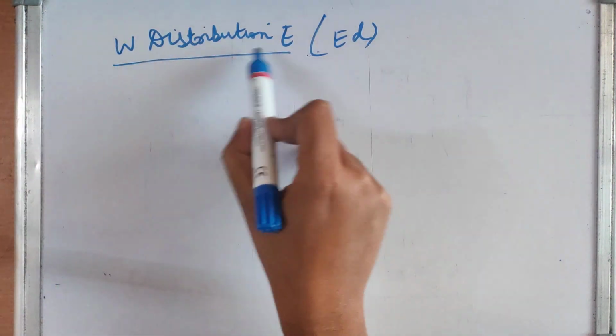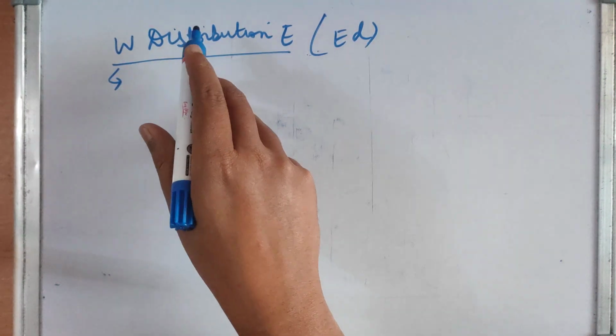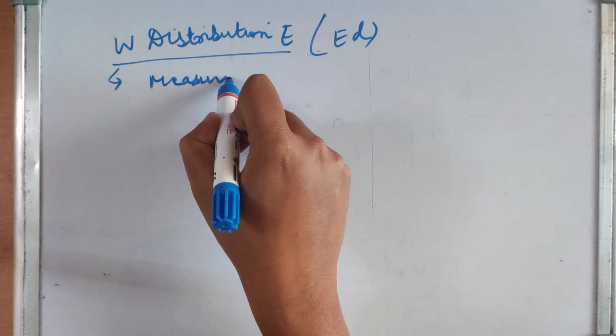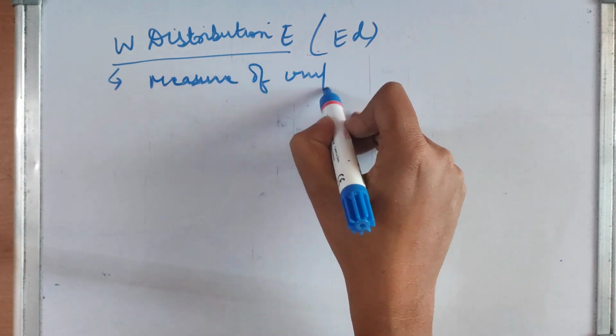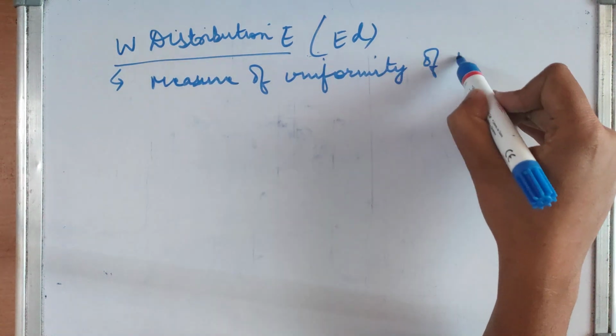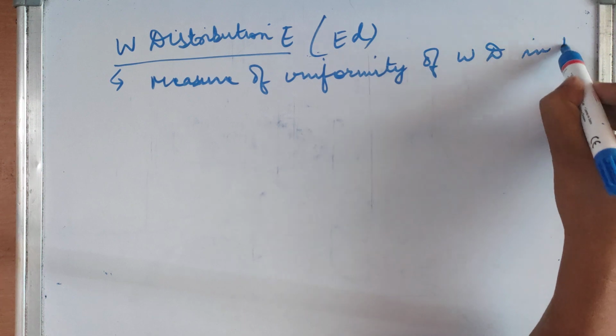It is the measure of uniformity of water distribution in the field.